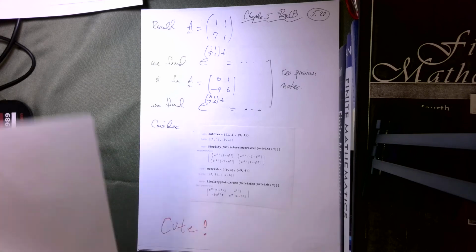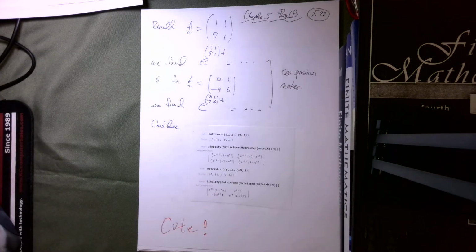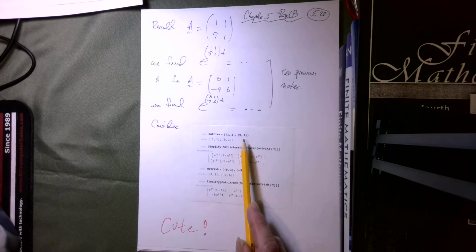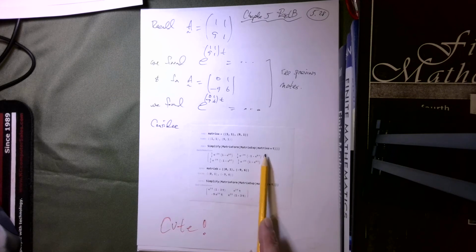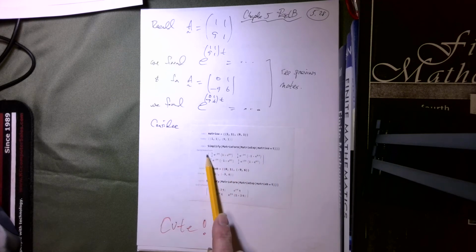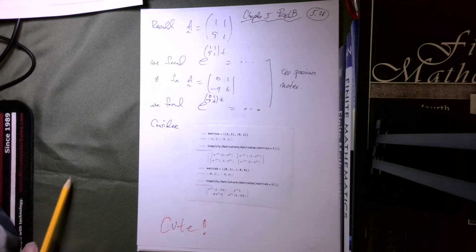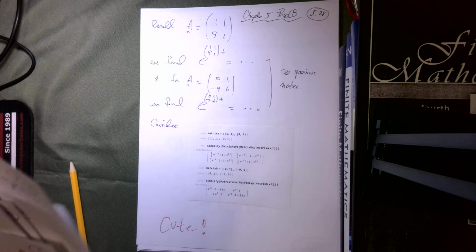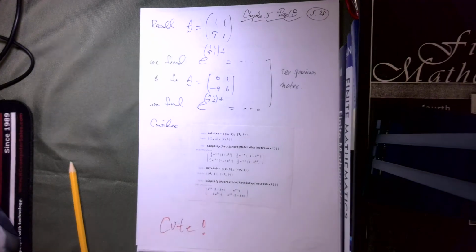Is there a way to have Mathematica do this? The answer is yes. You put in your matrix and you use MatrixExp, simplify, and you can avoid all those calculations. Now for your homework assignment, however, I'm going to want you to do it both ways.